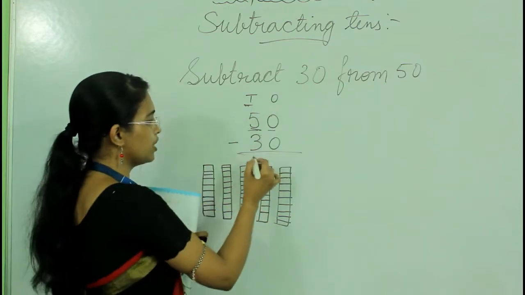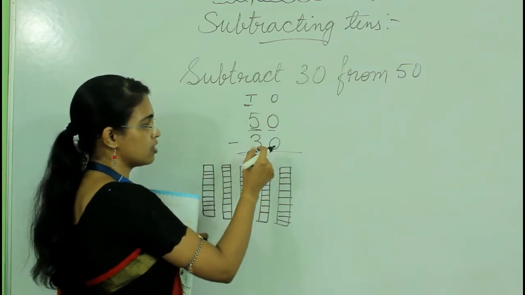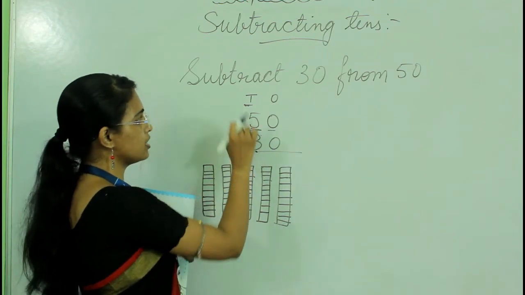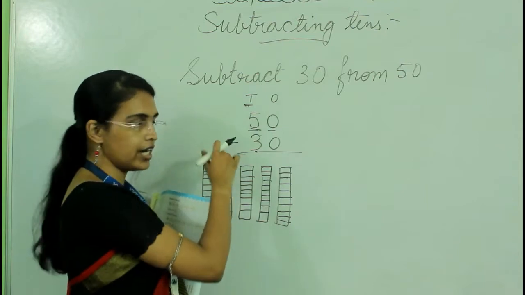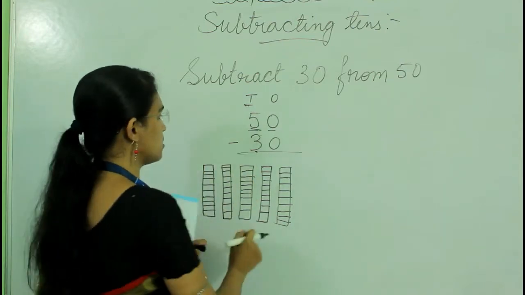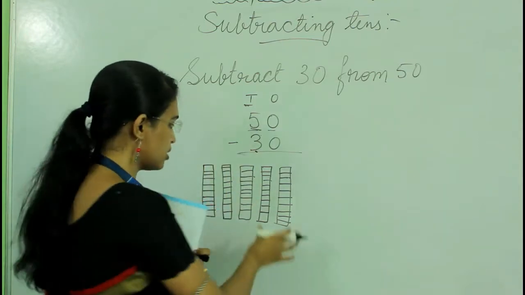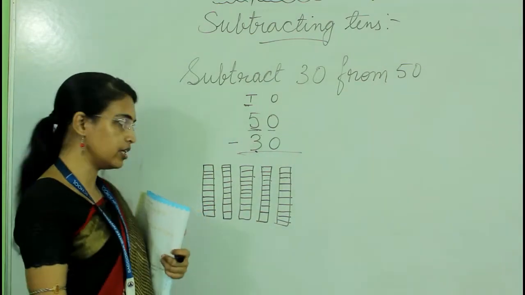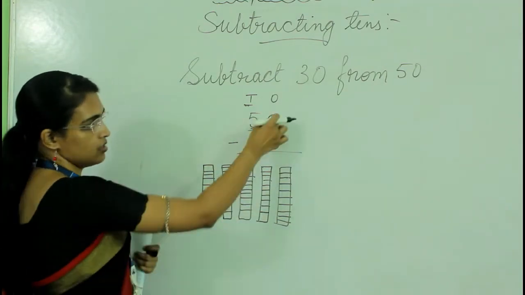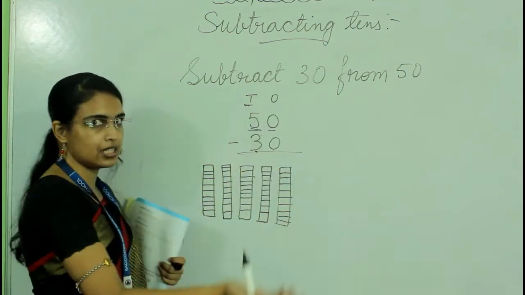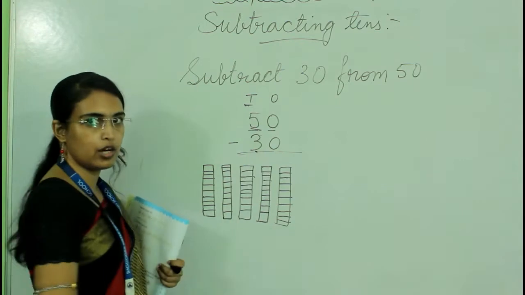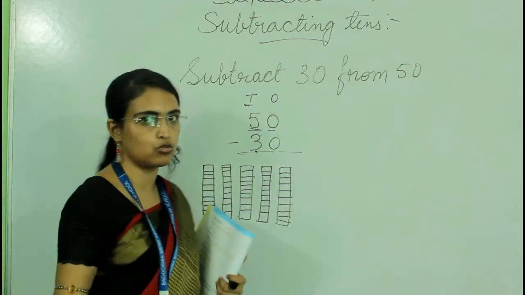Now here we have the next number. Which number is in the tens place? 3. So we have to do subtraction, right? From this 5 we have to subtract 3. Again we have 0 here in 1's place. That means nothing, we don't need to draw anything.